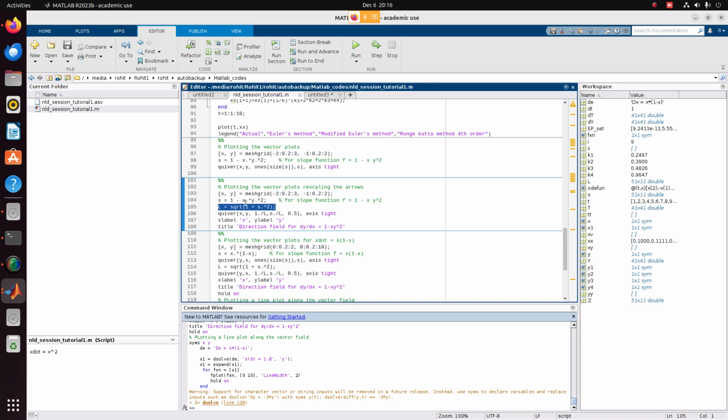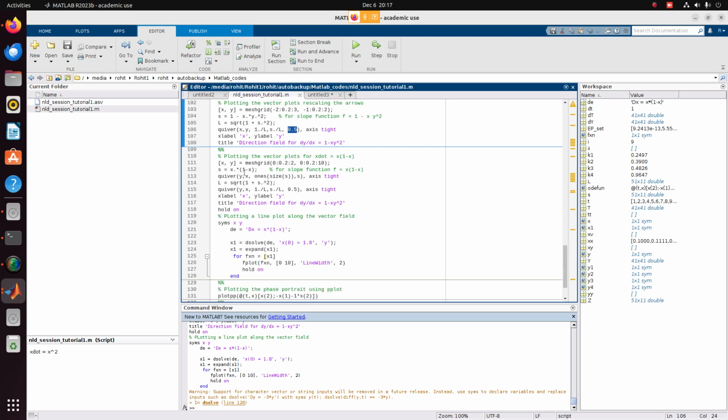Since it's a function of x and s, the slope and the t function, you take the norm of that, that is square root of 1 plus s square, and you divide by this, keeping the slope with a particular length. This 0.5 corresponds to the thickness of the arrows and all, and so you finally end up with a more standard vector field.